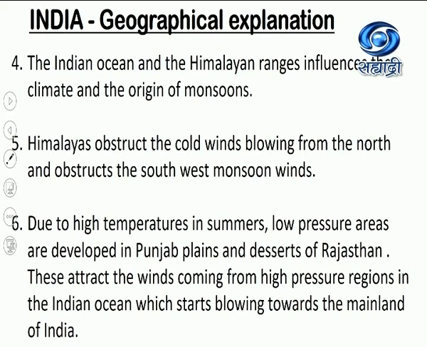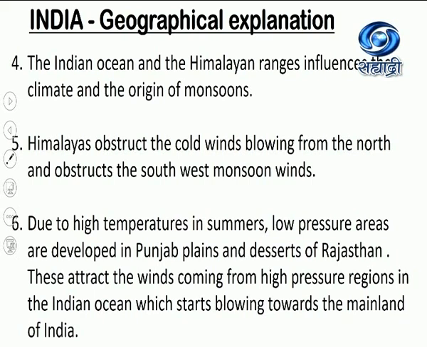Himalayas obstruct the cold winds blowing from the north and obstruct the southwest monsoon winds which are coming from the southern Indian Ocean. Due to high temperatures in summers, low pressure areas are developed in Punjab, plains and deserts of Rajasthan.